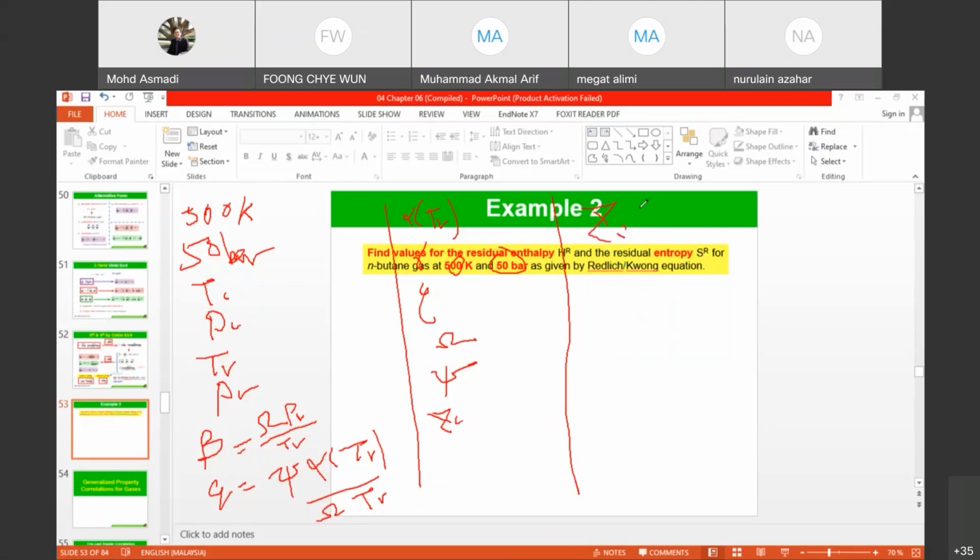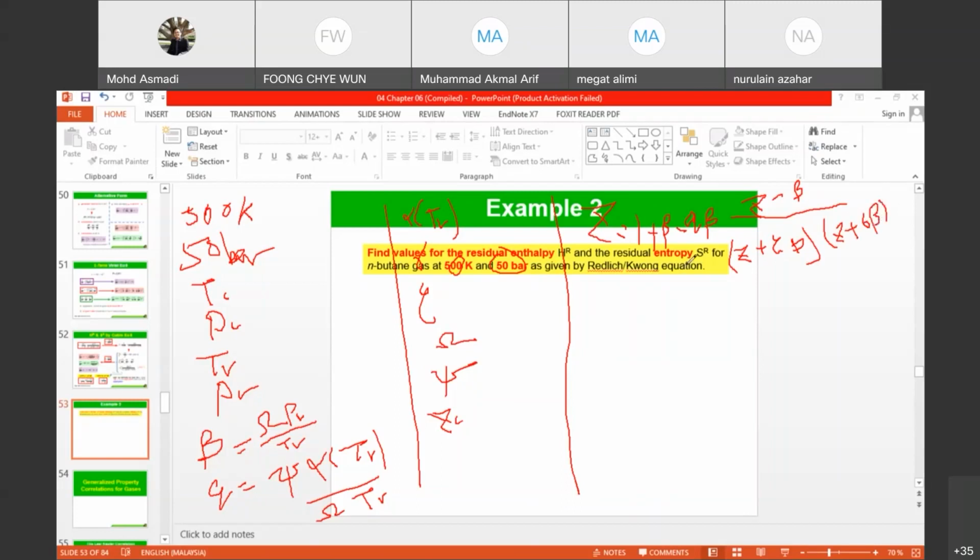Z equal to 1 plus beta minus q beta, times (Z minus beta) divided by (Z plus epsilon beta)(Z plus sigma beta).